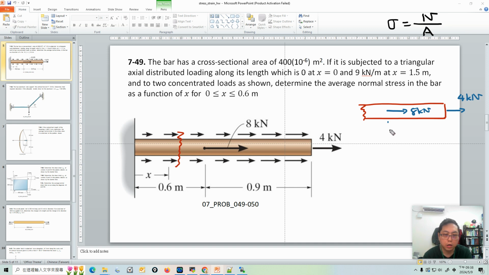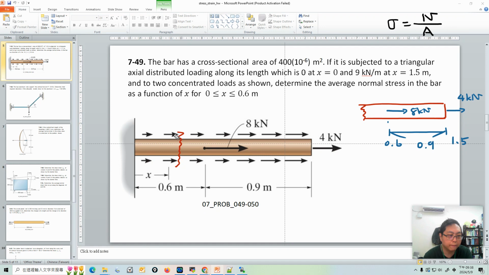This point is 0.6, and the distance here is 0.9, so the end will be 1.5.